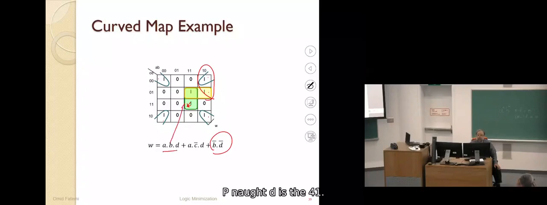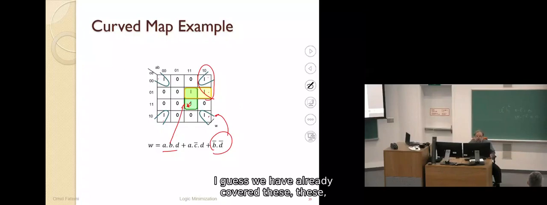B not D is this four one. Now we have covered our essentials. Now we could select what is left. I guess we have already covered these. Only this one is left.